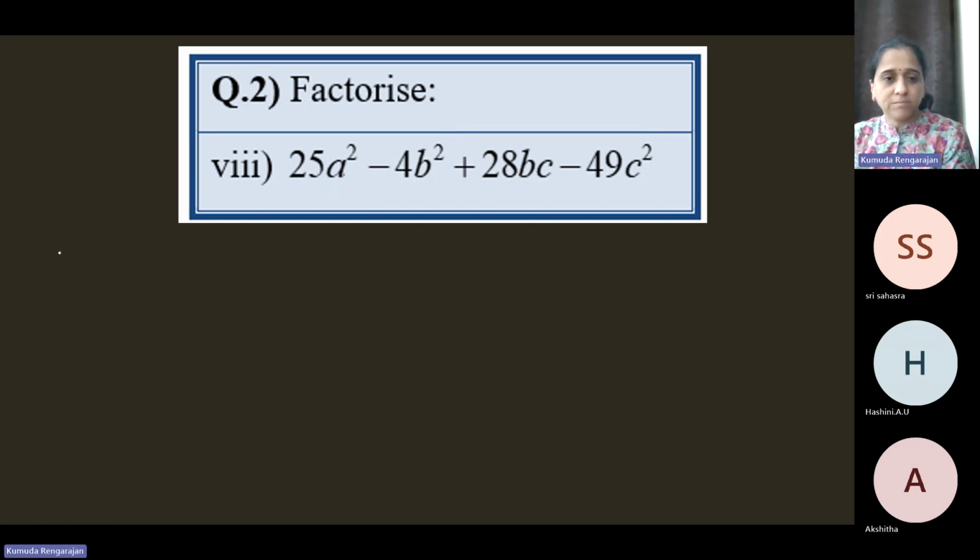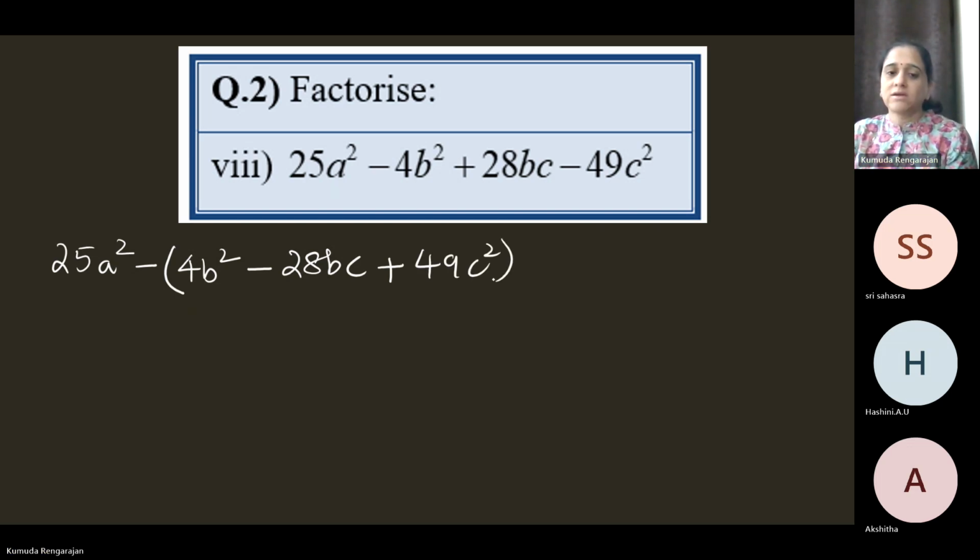I'll do that again. 25a squared alone. After 25a squared, the sign is minus. So you have to take that sign, open a bracket, minus into what will give you that first term, minus 4b squared. Then minus into minus is plus 28bc. Minus into plus is minus 49c squared.